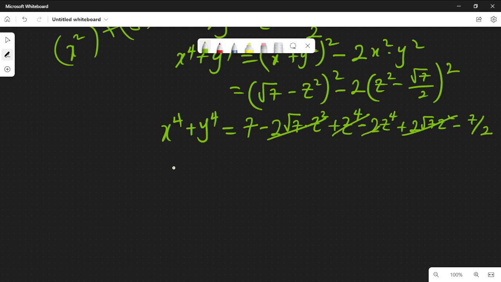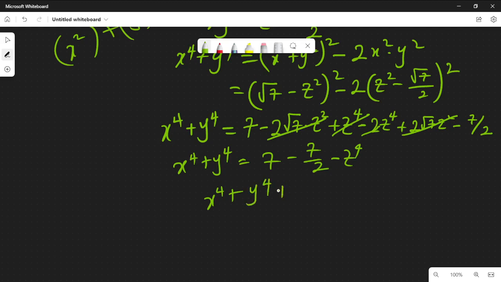So we therefore have that x to the power of 4 plus y to the power of 4 equals 7 minus 7 over 2, and that should give us x to the power of 4 plus y to the power of 4, this one is remaining minus z to the power of 4.